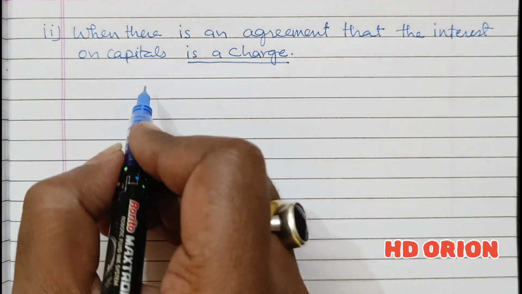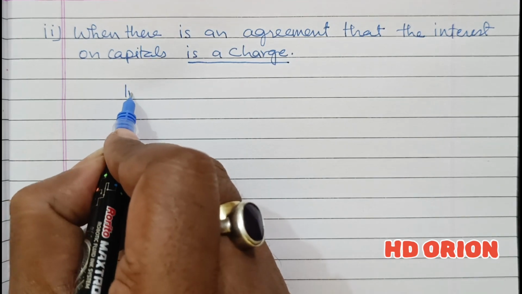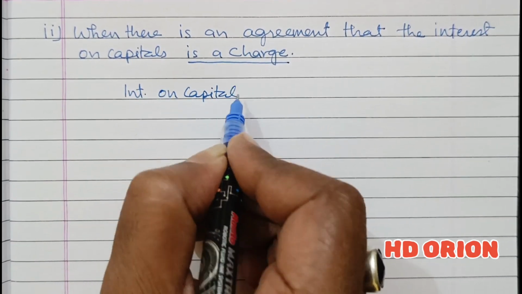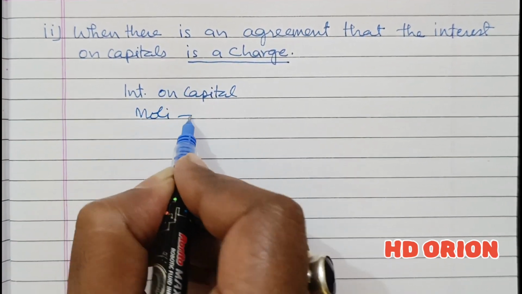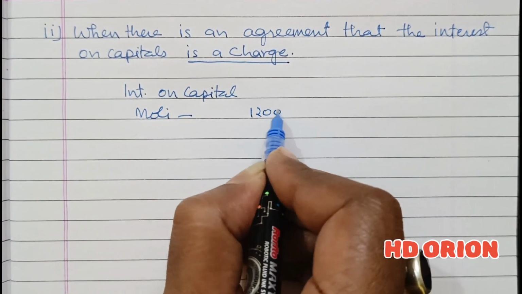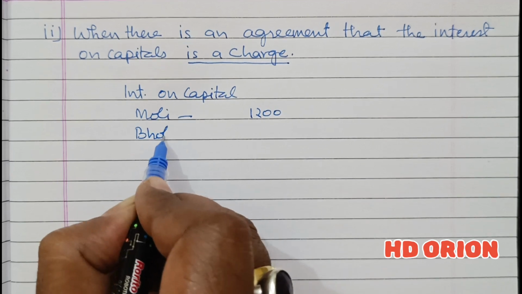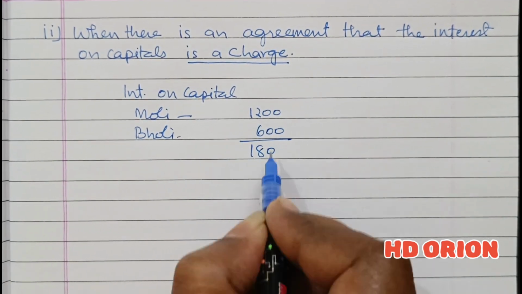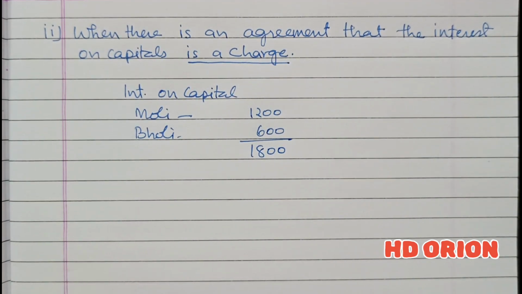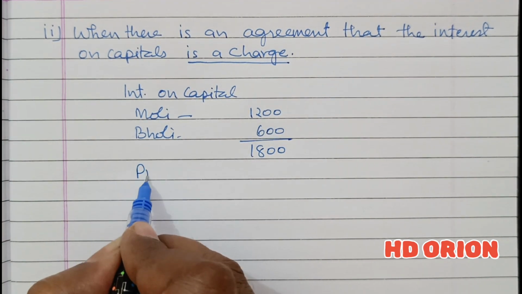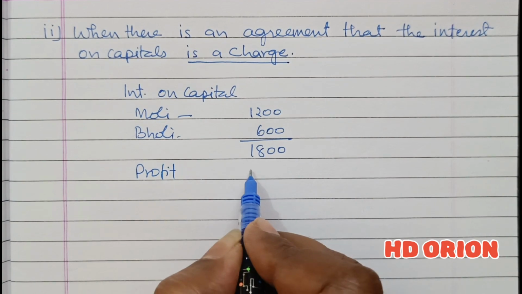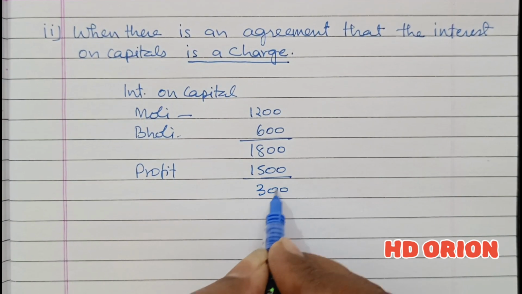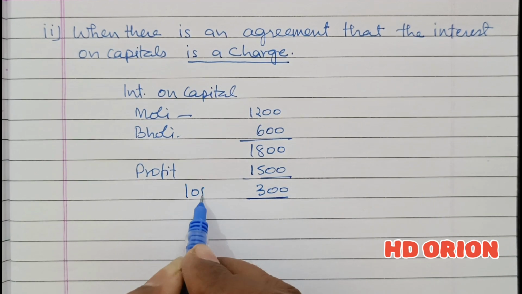So as we have previously calculated, interest on capital for Molly is rupees 1200 and for Bholi is rupees 600. So total interest on capital is how much? Rupees 1800. And profit is how much? Profit earned is rupees 1500. So 300 rupees is the loss.